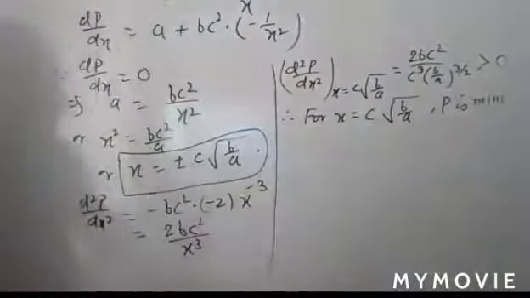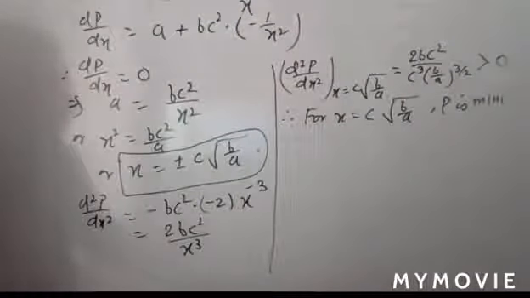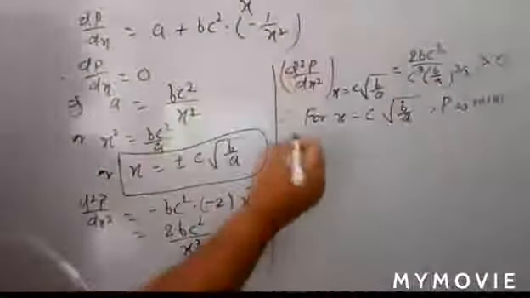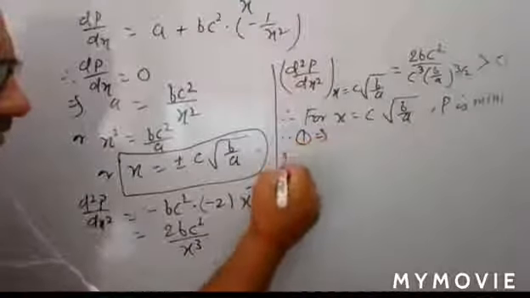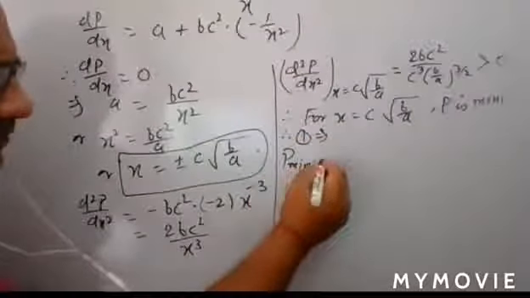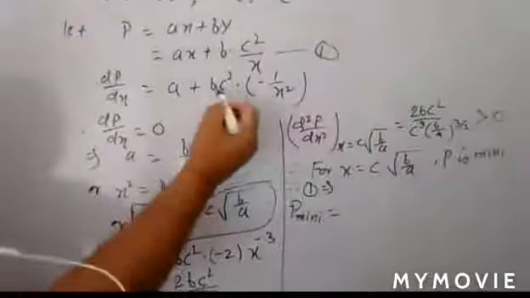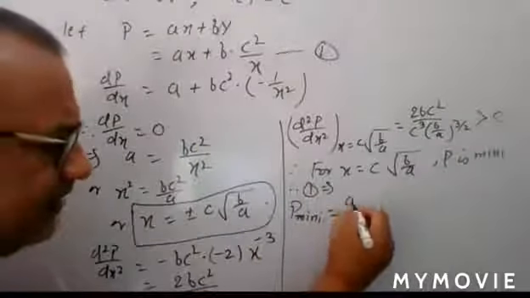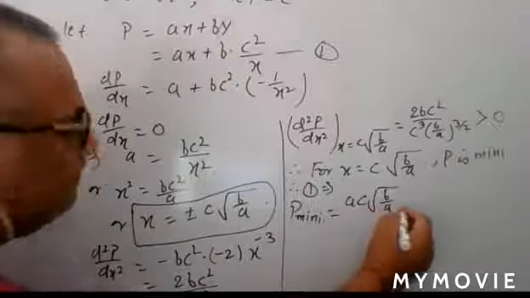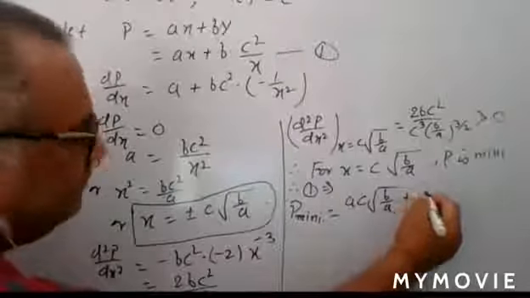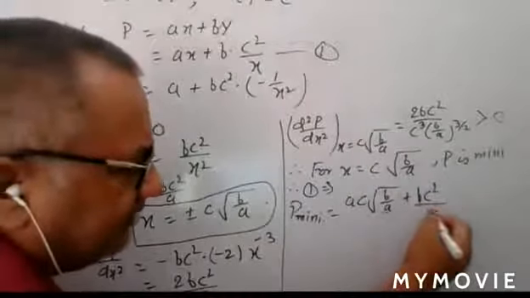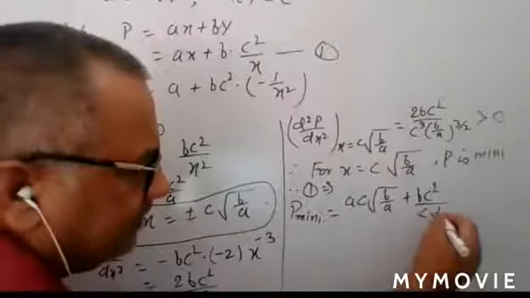So in this way, here you have p is minimum, but what is your question? You have to find the minimum value of p. So putting all those values in the first equation, p minimum is equal to, putting that value in the first equation, you have ax, so ac under root b by a, plus bc square upon x, so you can write here c and under root b by a.